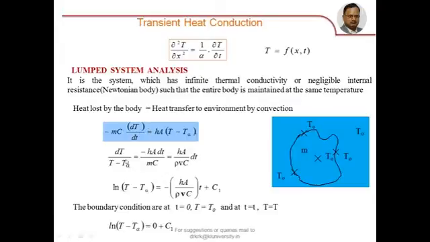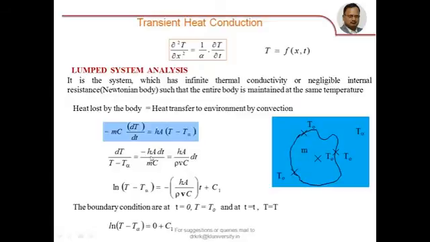Now dT by (T minus T alpha) is equal to minus hA small dt by mC. So dT by (T minus T alpha) on integration gives the logarithm of (T minus T alpha), and mass is rho into V, density into volume, so hA by rho V C dt.